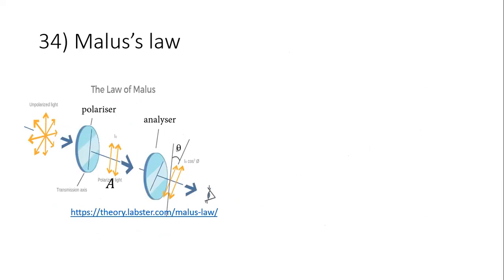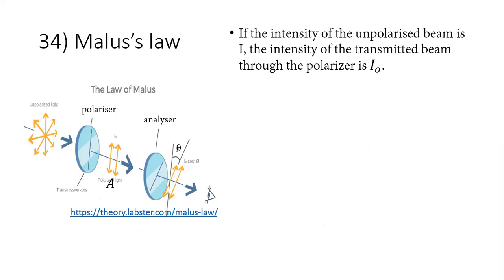Malus's law. If the intensity of unpolarized light is I, the intensity transmitted through the polarizer is I0. This is I, this is I0, and this is polarized.